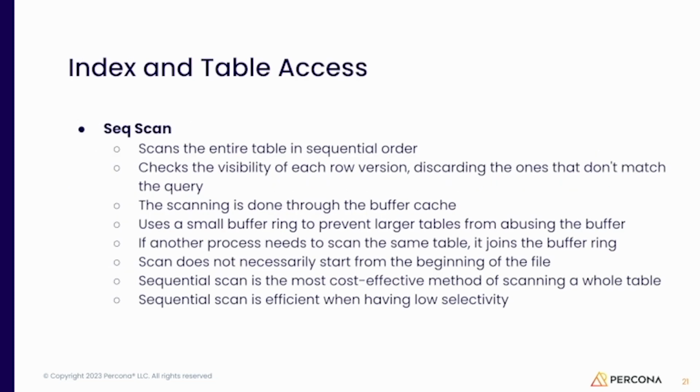So how can we access data inside of Postgres? The basic and most common method is using a full table scan, or sequential scan, or Seq Scan, the way Postgres calls it. That's the basic method, the easiest way for the database, and the cheapest way. When we traverse a table on Postgres, it does a sequential scan.